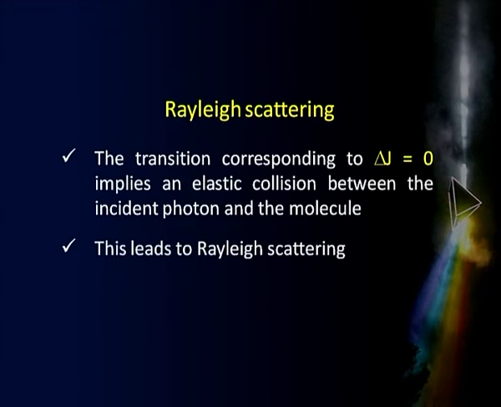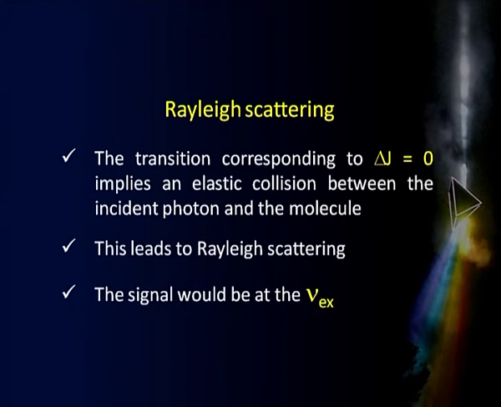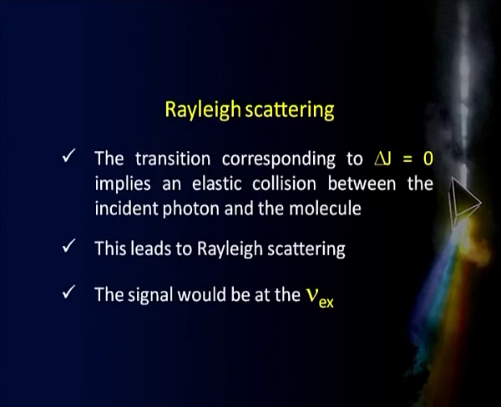That means, there is no energy exchange, because delta J is not changing, so there is no energy either absorbed or emitted. So, this will lead to Rayleigh scattering, and the signal will be observed at the excitation frequency. Whatever frequency I use, you remember that we normally use lasers for the purpose, the scattering will be at the same frequency as that of the incident radiation.